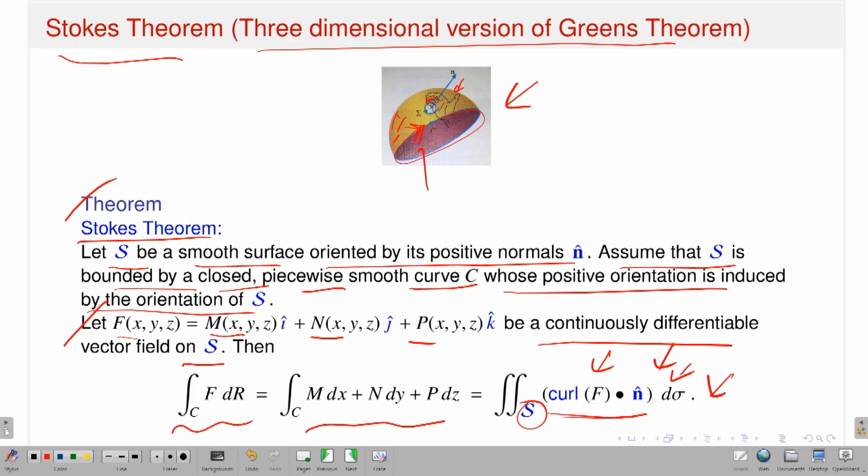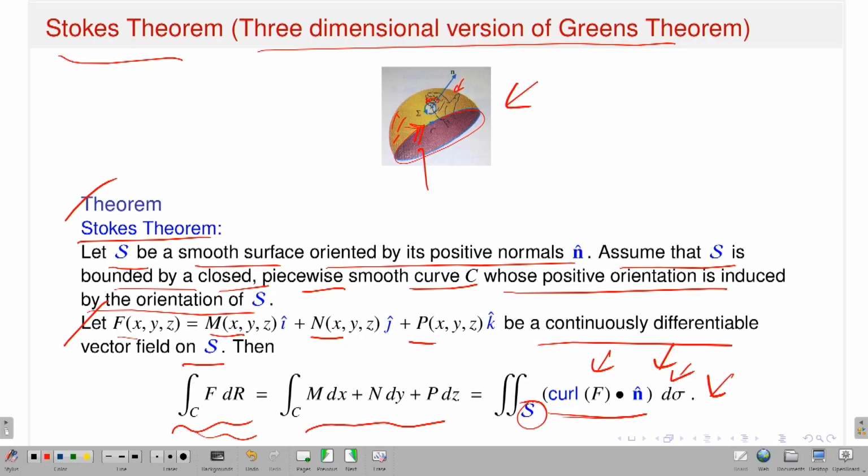I think the statement is clear. You start with a smooth oriented, say positively oriented surface, that means you have positive normals. Assume that S is bounded by a closed piecewise smooth curve C, whose positive orientation is induced from the given oriented surface S. If I start with a vector field capital F which is continuously differentiable on S, then the vector line integral of capital F is exactly equal to the surface integral of curl of F dot n cap.